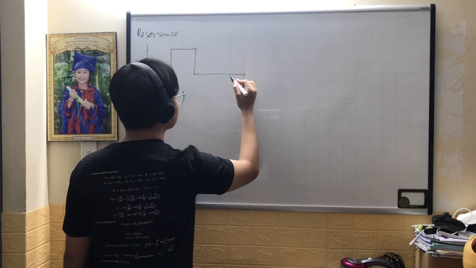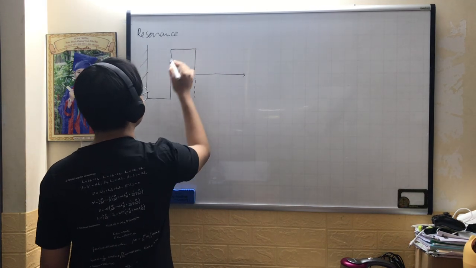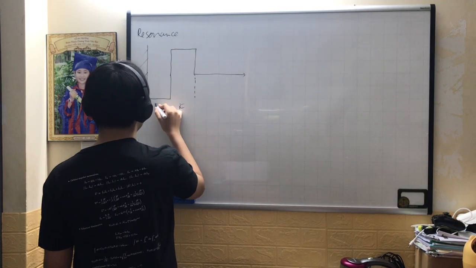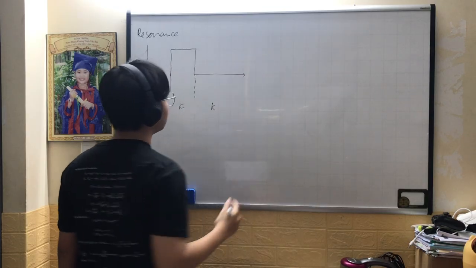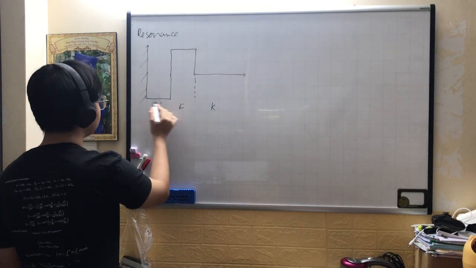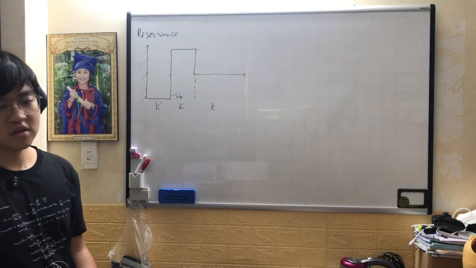There we go. This part is obviously going to be the K, so this is a kappa. It's a K prime. And over here is our K. Okay, so this would have a value of minus V naught.